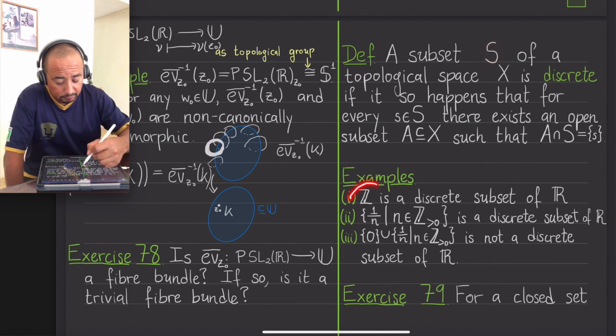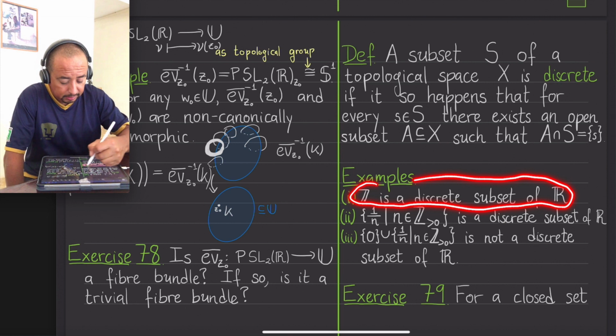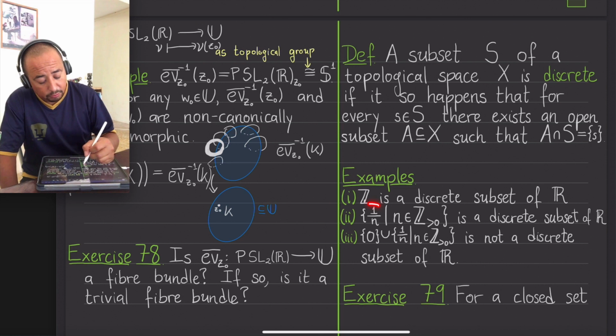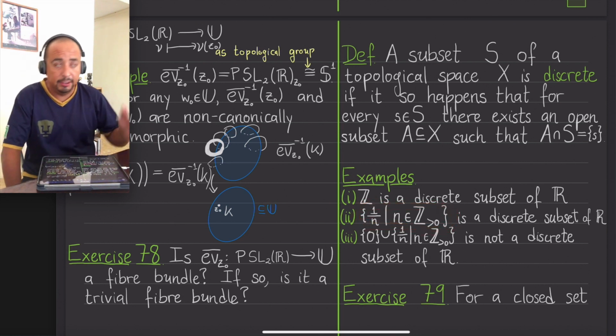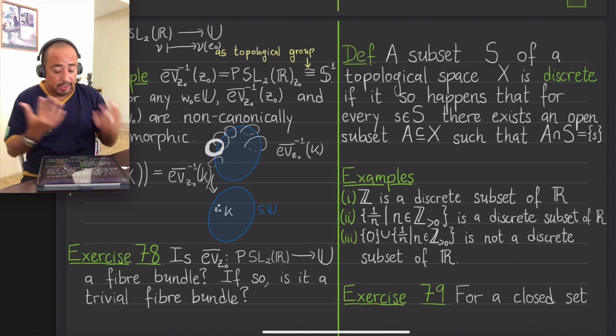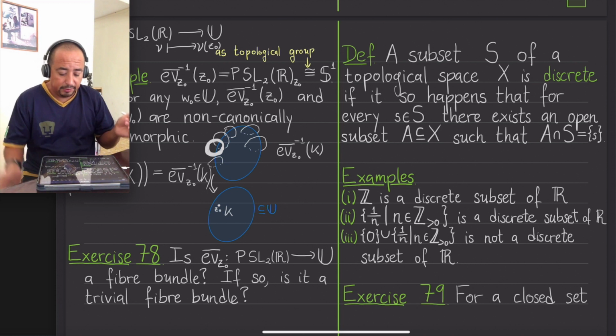Examples, well-known: the integers are discrete in R. This one is discrete in R too: 1 over n, the set of all multiplicative inverses of positive integers. These are discrete subsets of R, even though the set has an accumulation point in R. It does have an accumulation point, but it itself is still discrete, because the points that belong to it are really separated one from the other, and the point where they accumulate is not even in the set.